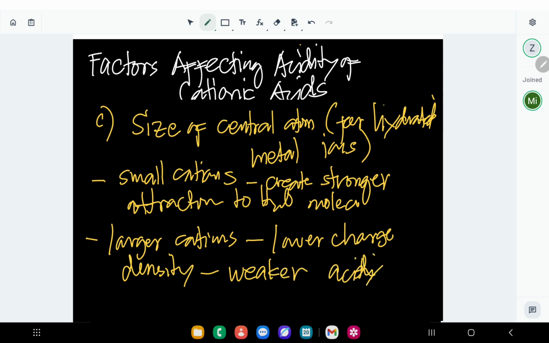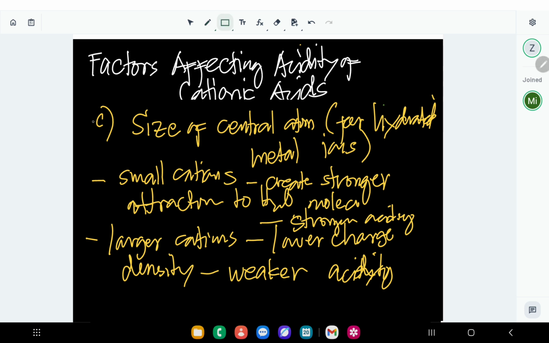So you just take note of that. Smaller cations lead to stronger acidity, but larger cations have lower charge density, which leads to weaker acidity, for example barium ion and calcium ion.